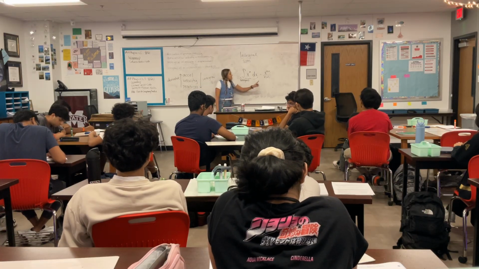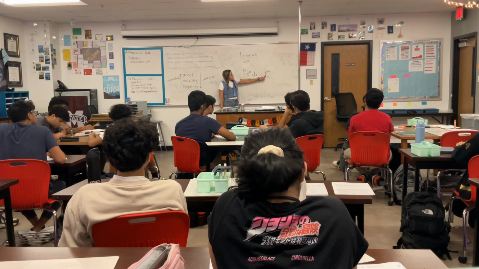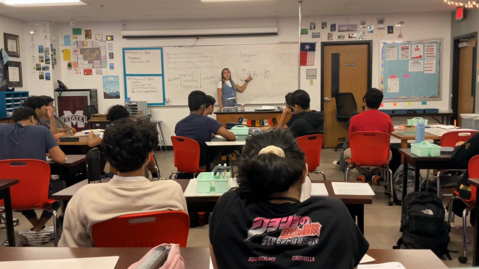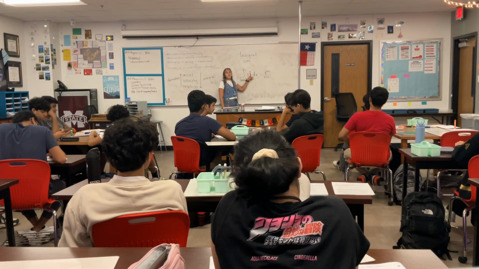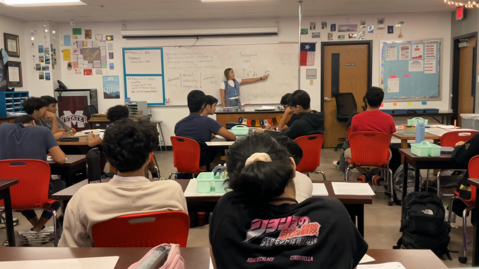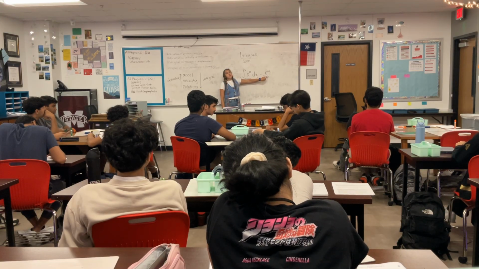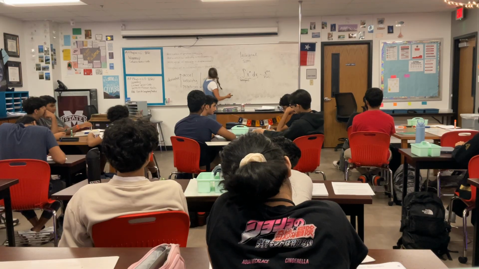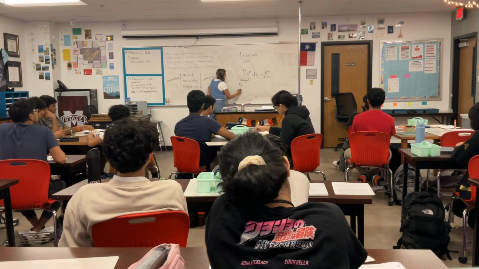So what this says is that I take whatever n is, and I add 1. And that's the new exponent. And then I have to divide by n plus 1. So let's see an example. I'll put it right here.